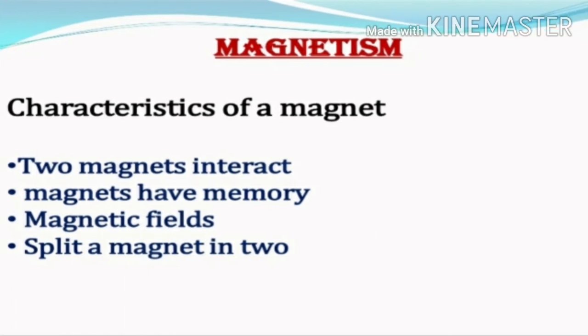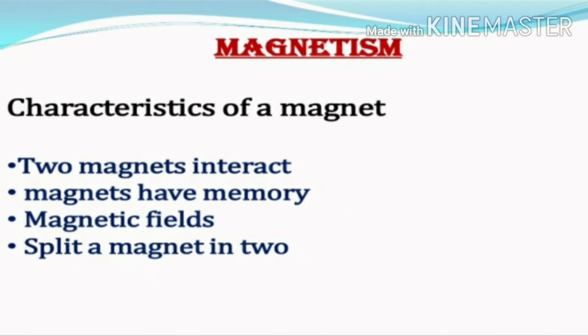Characteristics of a magnet. Some characteristics of a magnet are: first, two magnets interact. If you take two magnets and try to push them together, they will either attract or repel. That is, like poles repel and unlike poles attract.